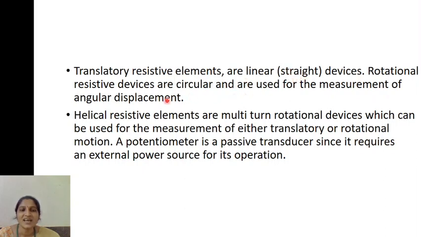Helical resistive elements are multi-turn rotational devices, consisting of multiple turns, used for the measurement of either translatory or rotational motion. A potentiometer is a passive transducer since it requires an external power source for its operation.